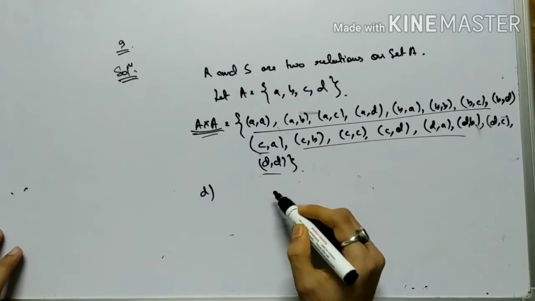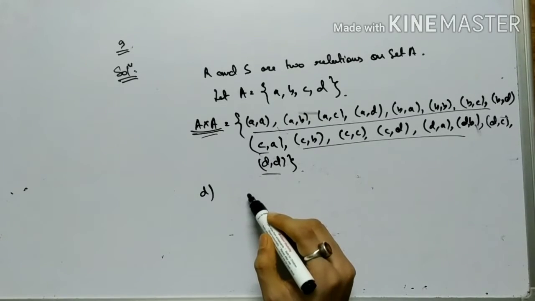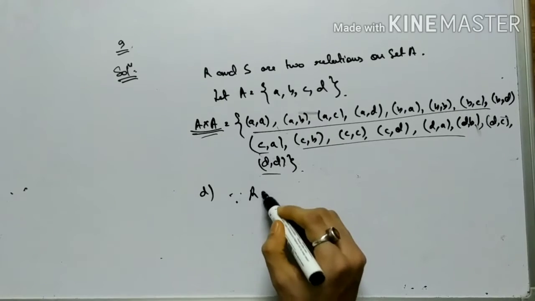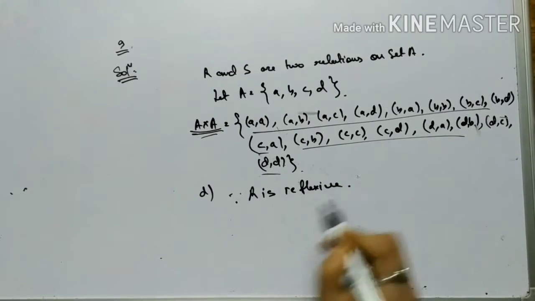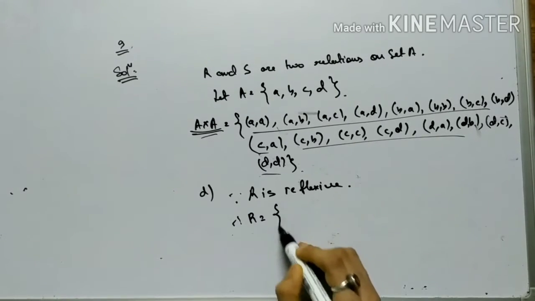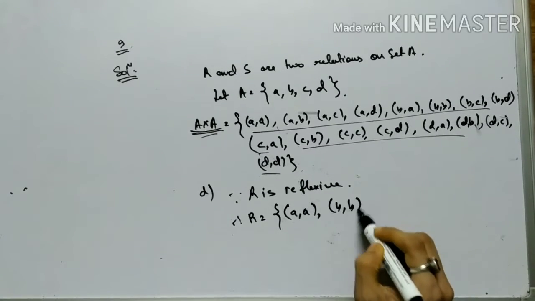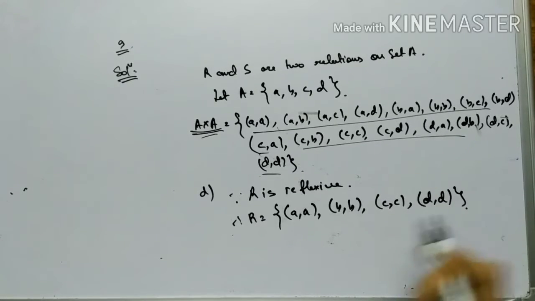Number D: if R and S are reflexive, then R intersection S is reflexive. Since R is reflexive, R is equal to AA, BB, CC and DD.